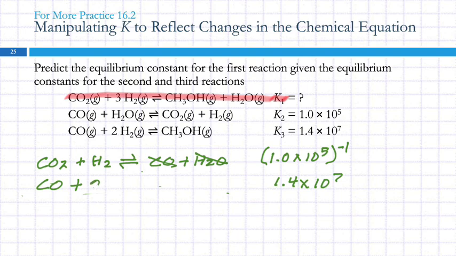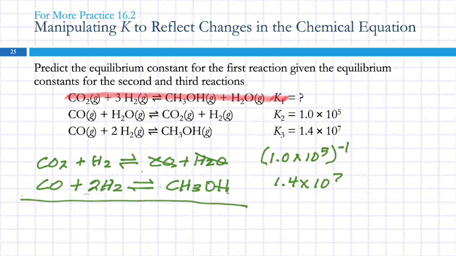CO plus 2H2 makes CH3OH. There. Now this looks like that. Okay. So the COs cancel out, and the H2s add up.